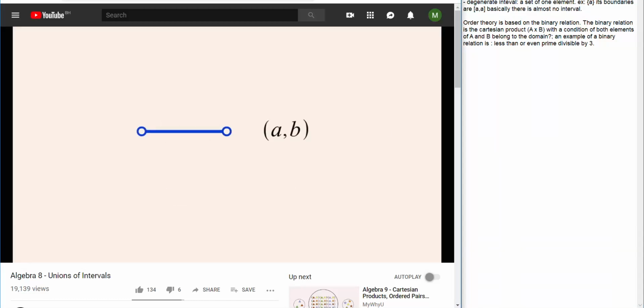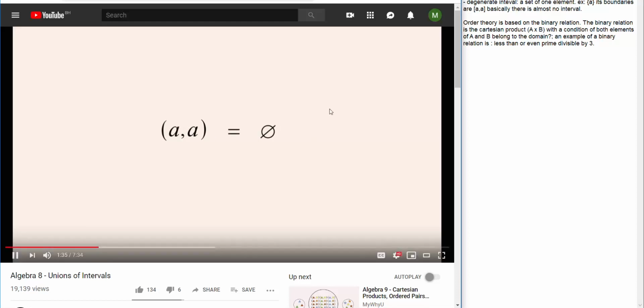On the other hand, if both endpoints of an open interval are the same, then that interval contains no points. So this interval represents the empty set.